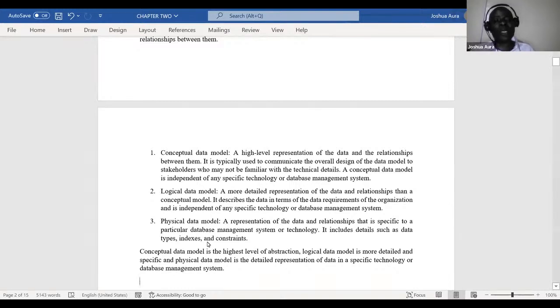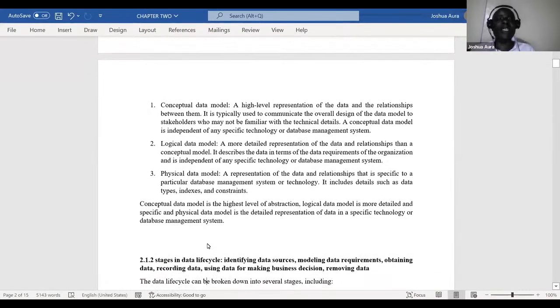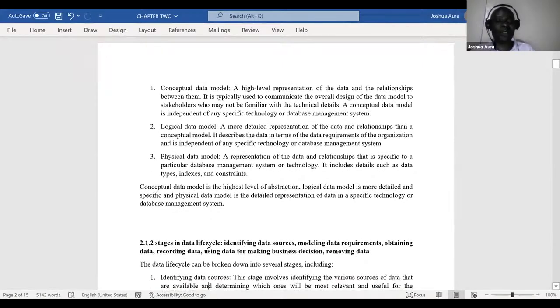A conceptual data model is the highest level, it's like an abstract in your thesis. The logical data model is more detailed and specific, and the physical data model is a detailed representation of the data in a specific technology or database management system.